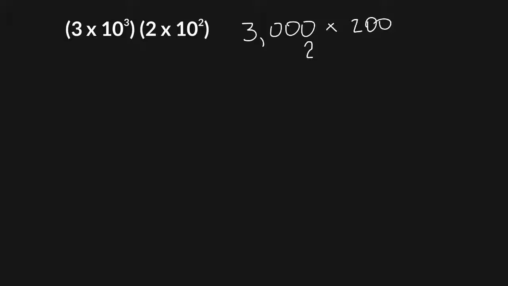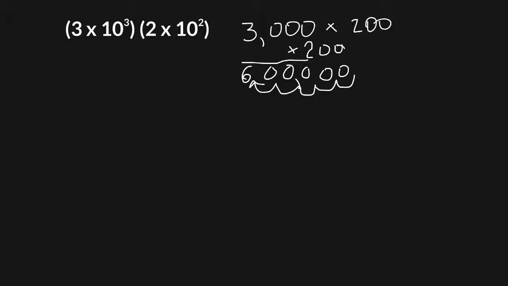But when we go to multiply them, if I set this up vertically, I would multiply: 2 times 0 is 0, 2 times 0 is 0, 2 times 0 is 0, 2 times 3 is 6. I'd end up with 600,000, which I would then have to convert back to scientific, moving the decimal 1, 2, 3, 4, 5 place values.